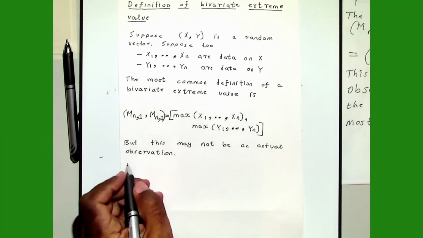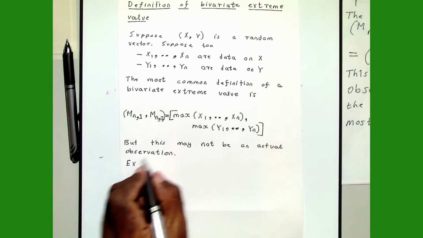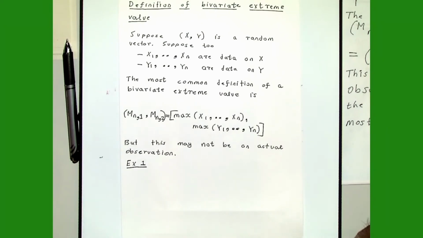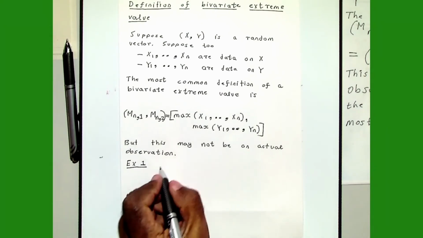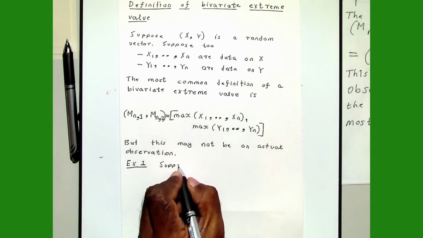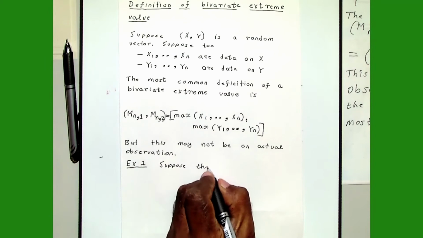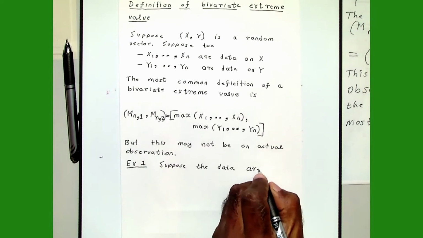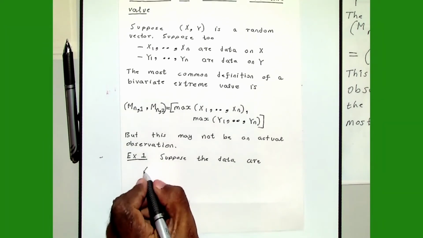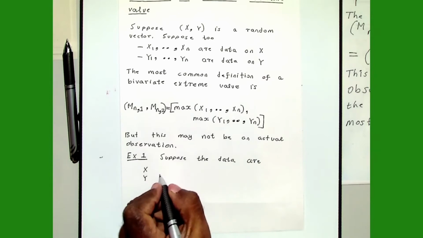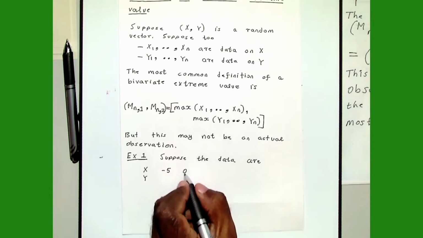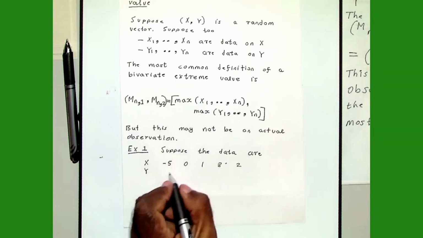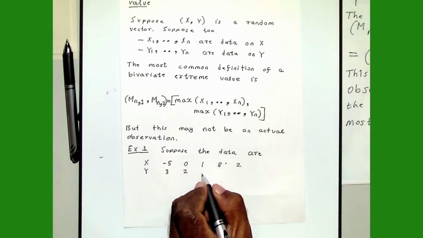Let me give you just one example of what I mean by this statement. Suppose the data are as follows. Suppose you have two variables, X and Y. So suppose you have the following data on X, and suppose you have the following data on Y.